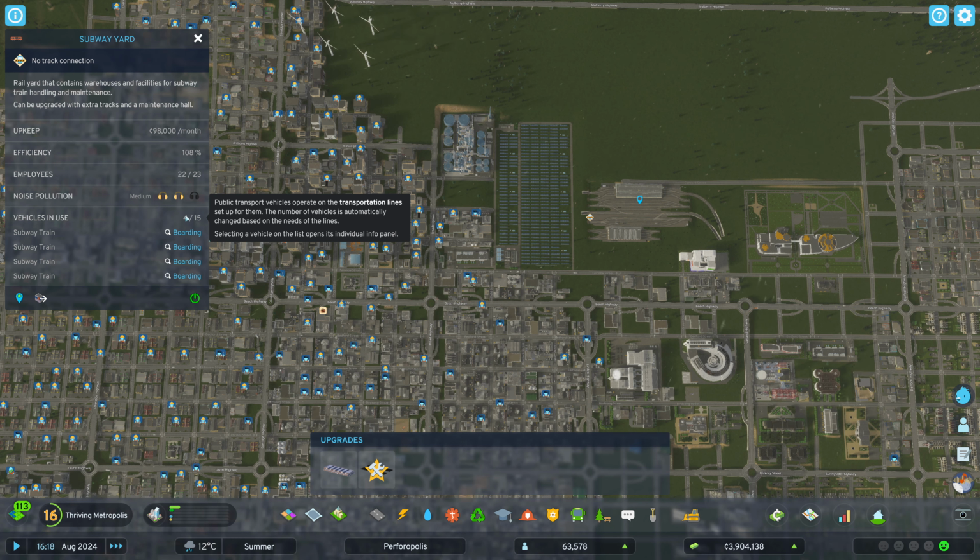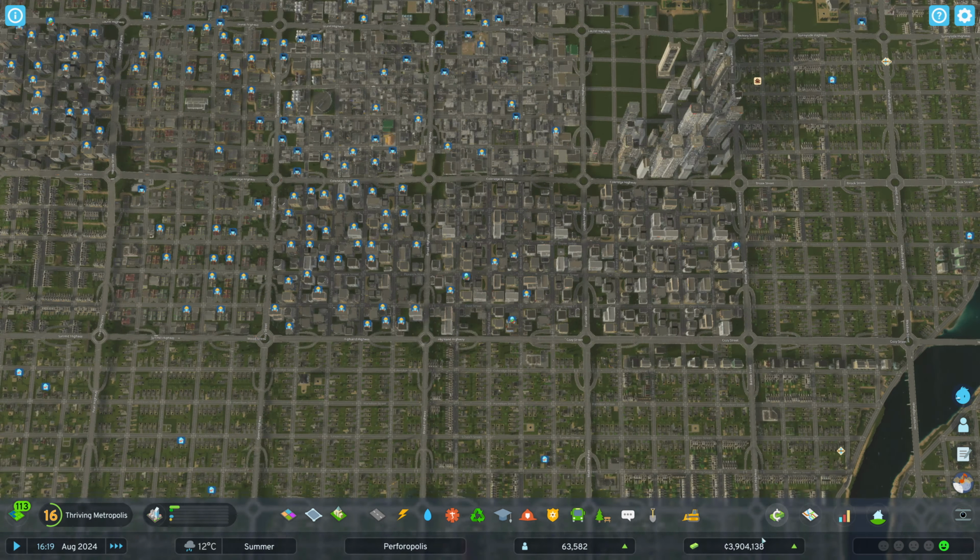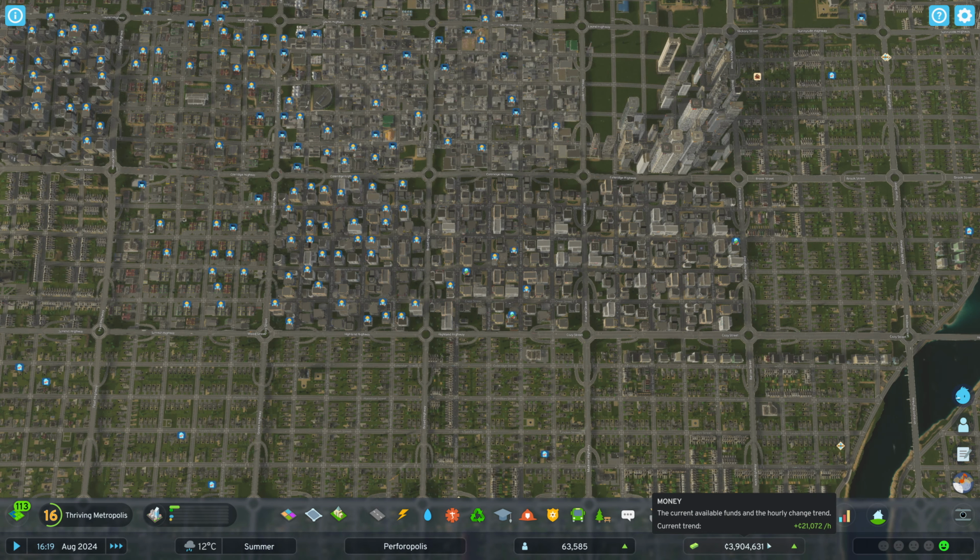That is a very, very good thing. We're pleased to see that, for sure. And of course, we have some headroom here on how much we're making currently. We can definitely expand our subway somewhat. So I think overall, this is proving to be a successful experiment, but it is going to need a little bit more work, for sure.